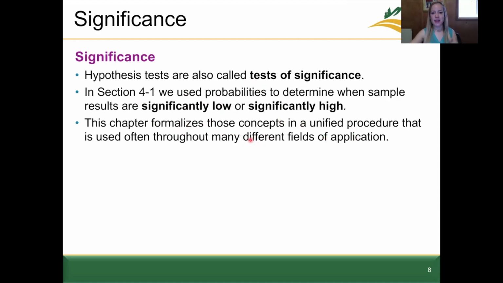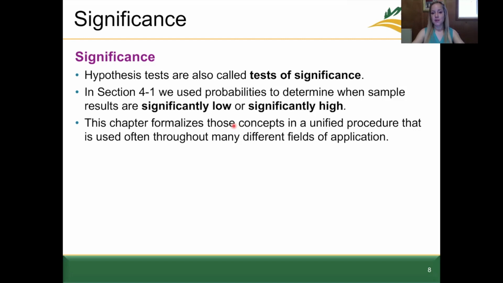In chemistry, biology, social science, finance, all these different fields use hypothesis testing to validate their data, or to say their hypothesis is incorrect if they have to reject their hypothesis about their data, about their population.